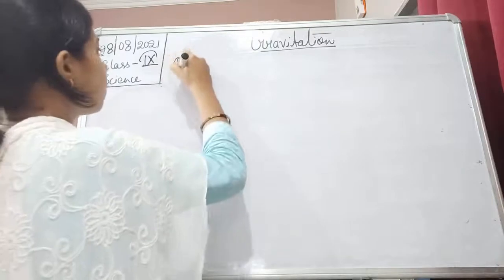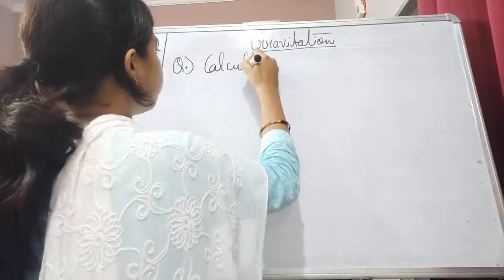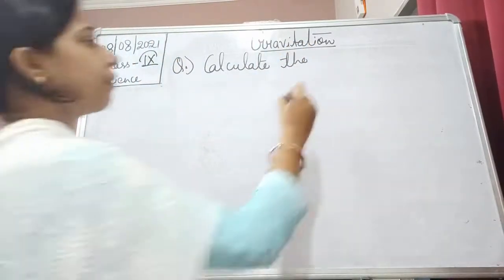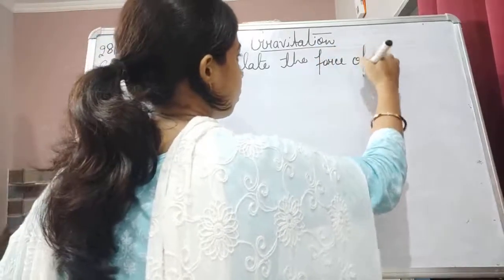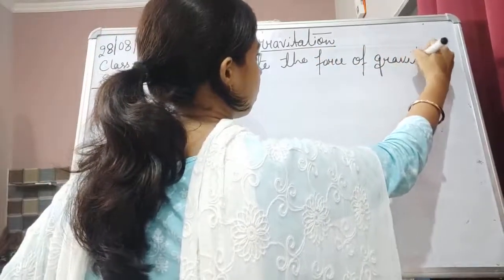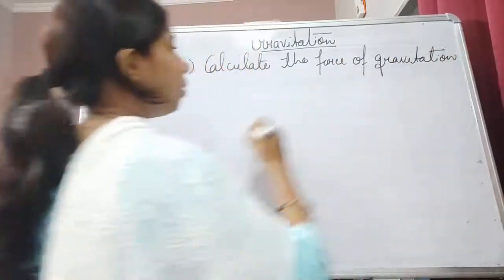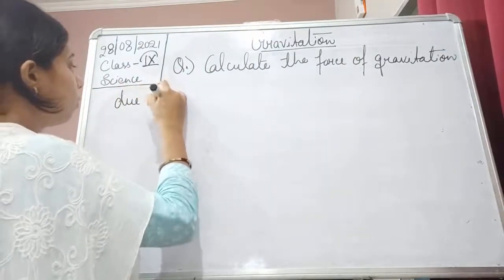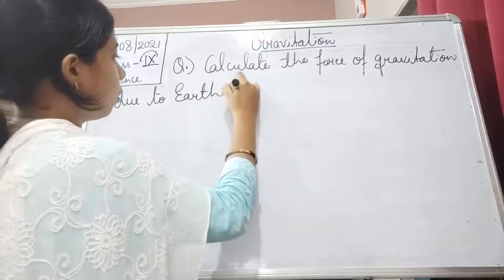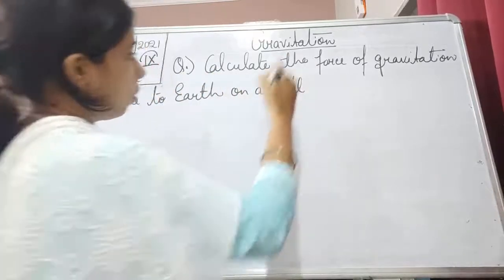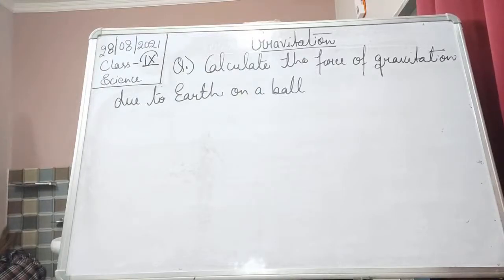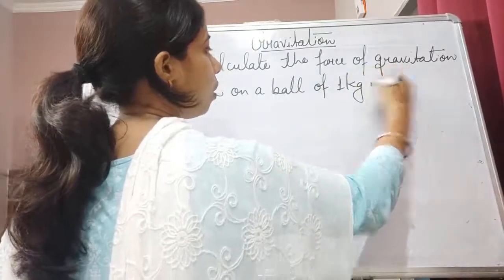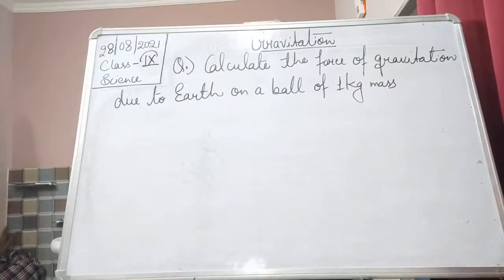So the question is: calculate the force of gravitation due to Earth on a ball of 1 kg mass lying on the ground.